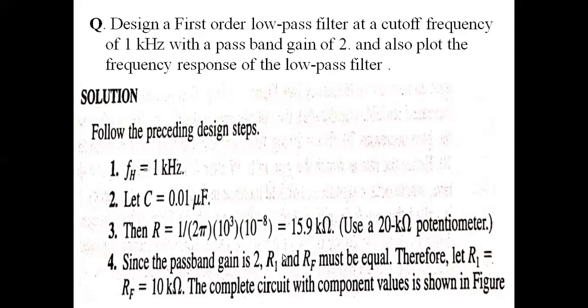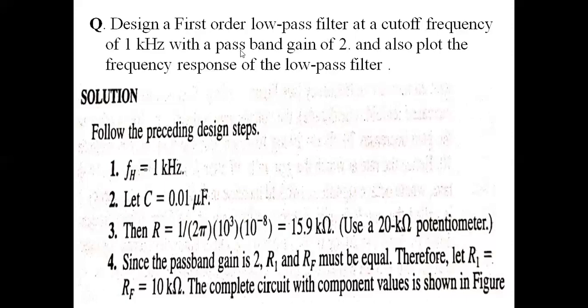So we have designed the filter: R is 15.9 kilo ohm with a tunable 20 kilo ohm potentiometer, and the capacitor value is 0.01 microfarad, for the given cutoff frequency of 1 kilohertz.